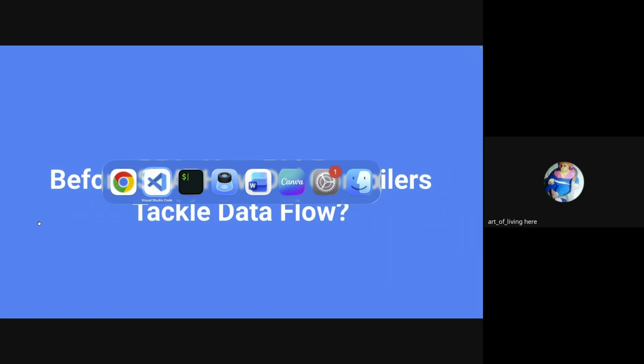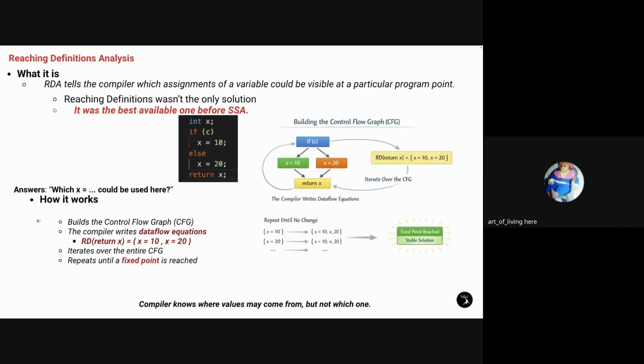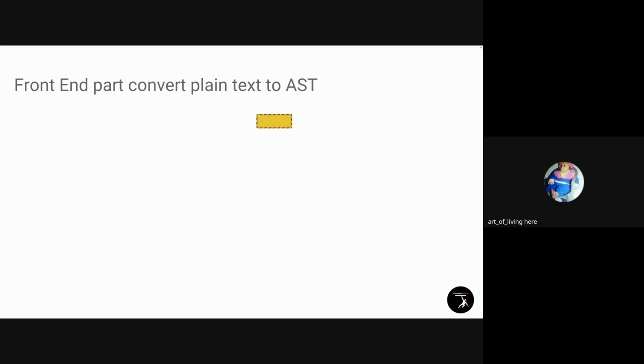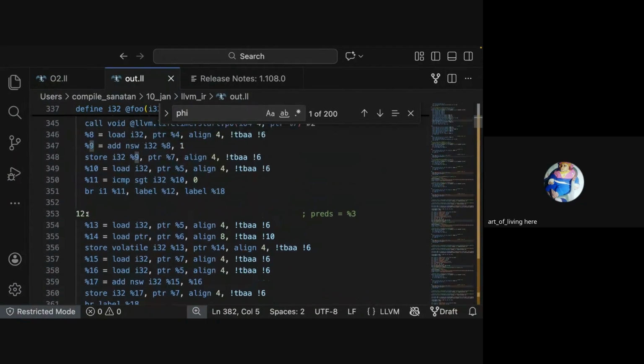Now I will discuss this later. Let me discuss this first. We are at this place, right? LLVM IR. We have seen our plain code first converted by the parser to AST, then LLVM generated IR. Initially, LLVM generated which IR? Memory based IR, the load store one which I showed.